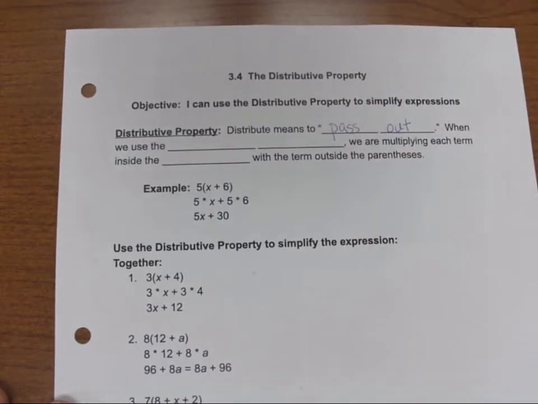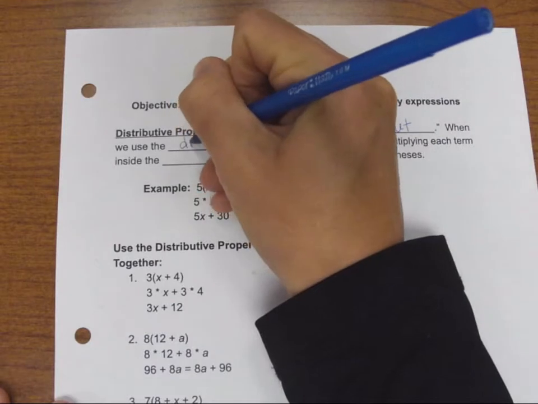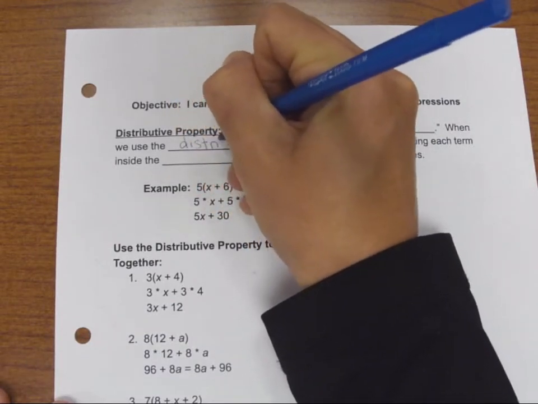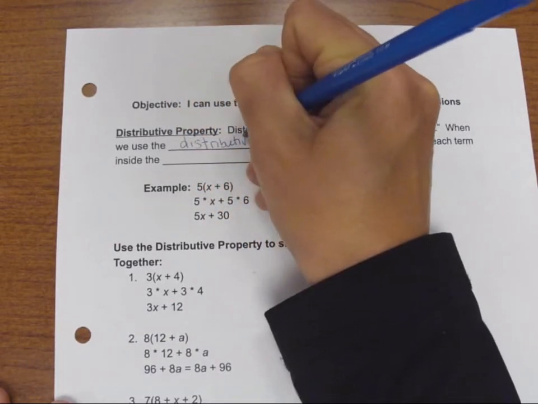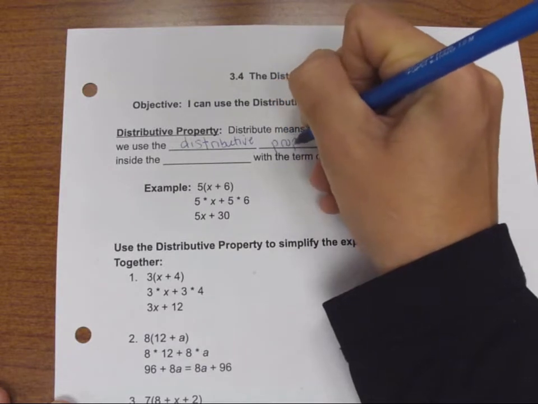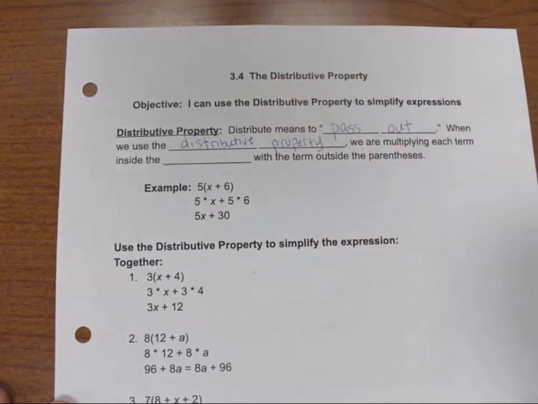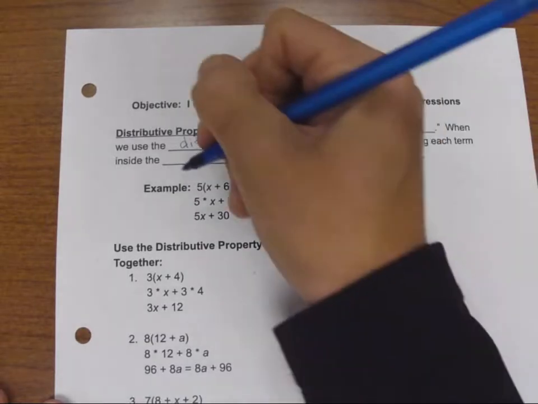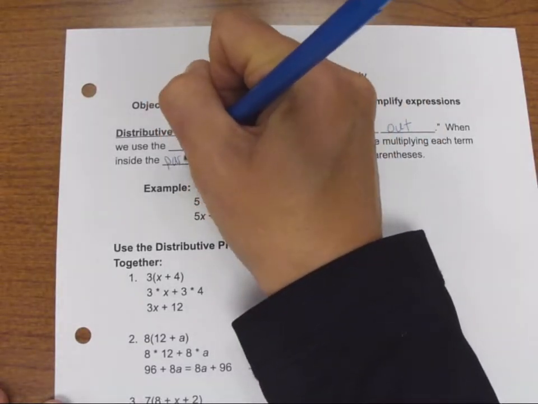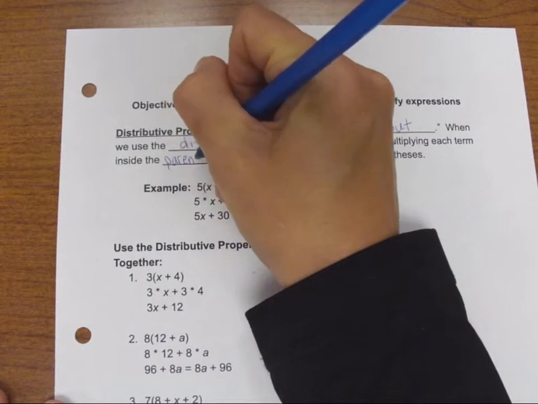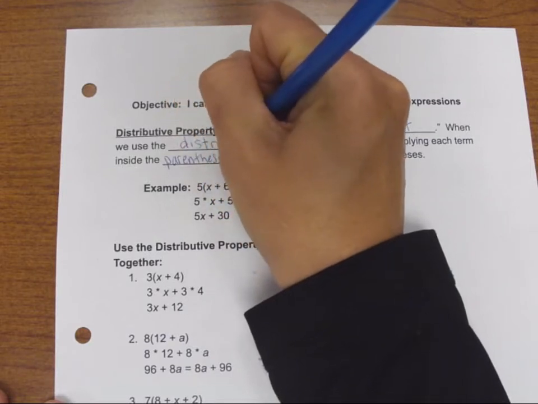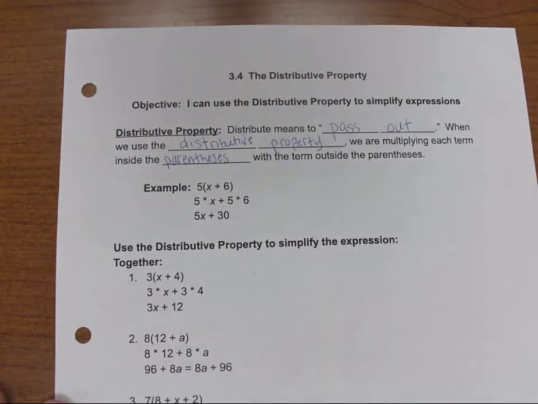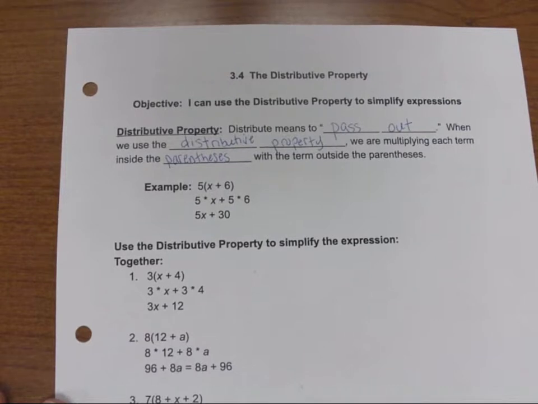When we use the distributive property, we are multiplying each term inside the parentheses with the term outside the parentheses.